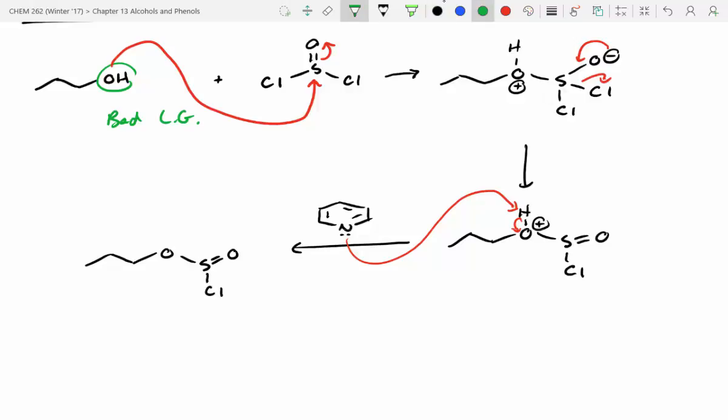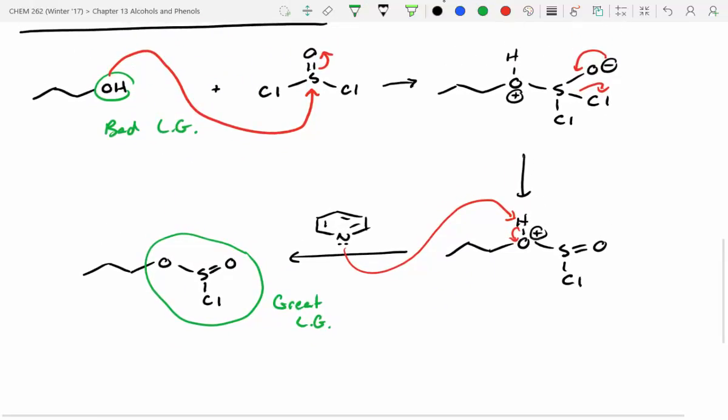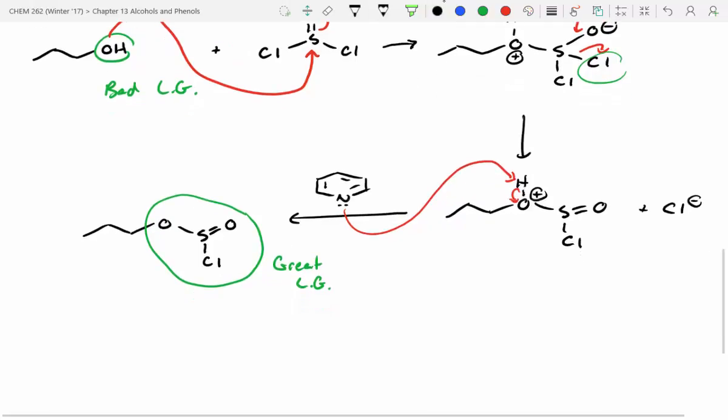Now the good thing at this point is we've got a great leaving group. And I'll show you guys why. If you noticed, on this step, we kicked off a chlorine. So this chloride is actually going to still be floating around in solution. And in this step, this chloride is going to be a nucleophile.